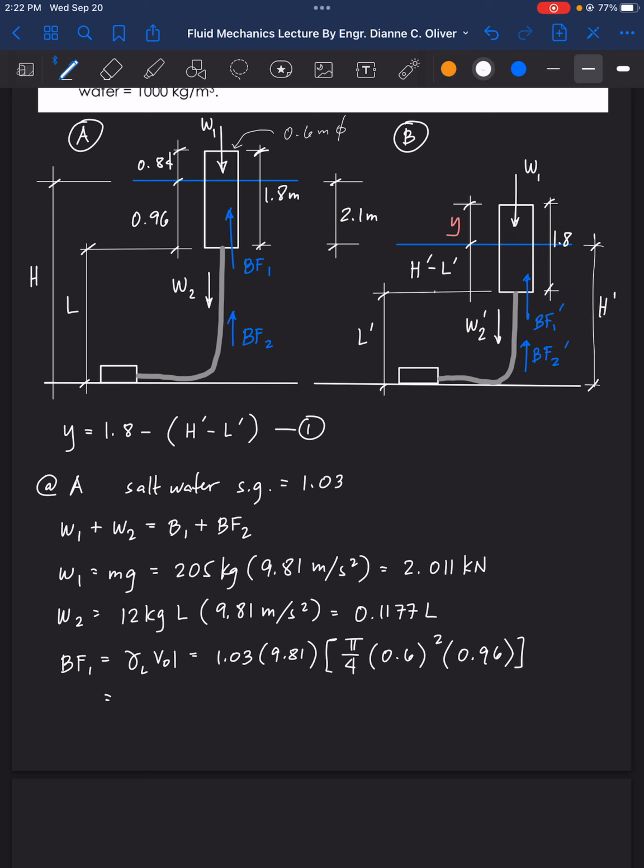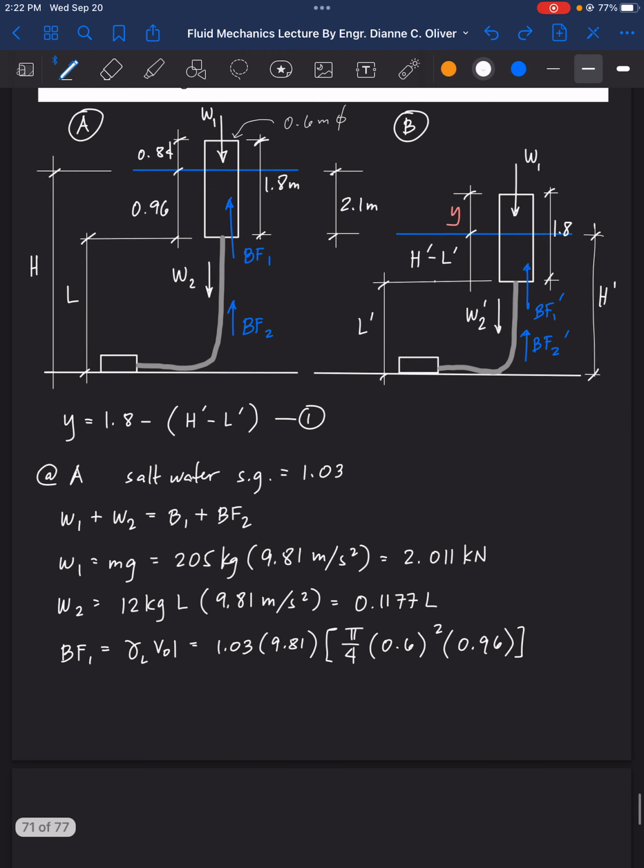So buoyant force 1 is equal to 2.743 kilonewton.